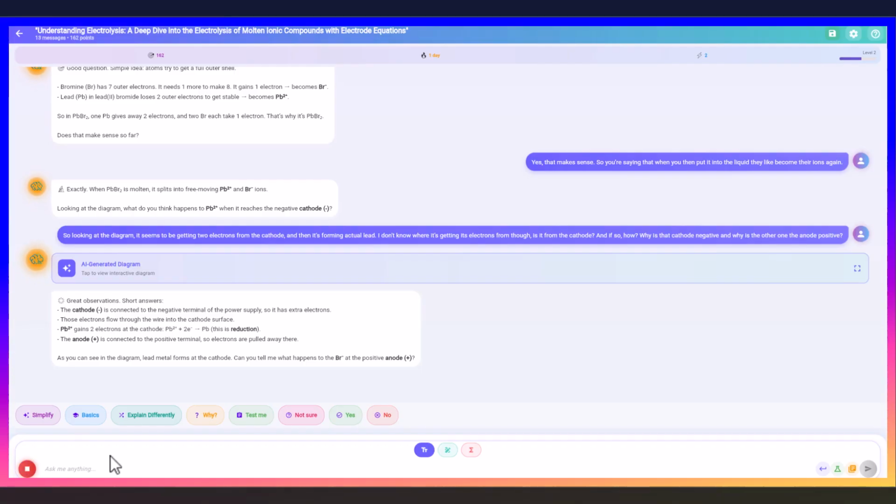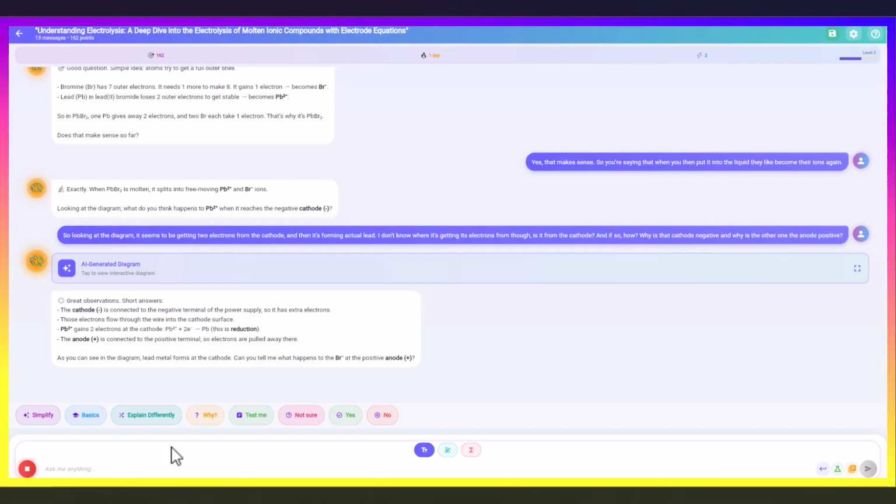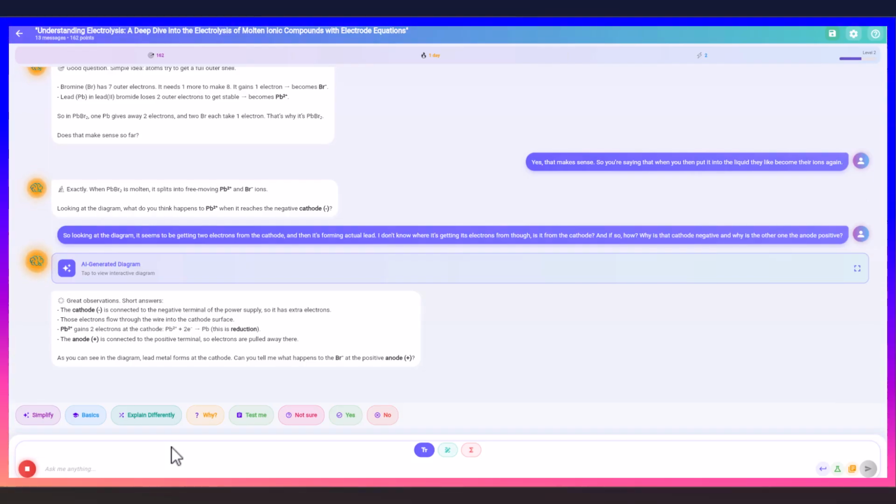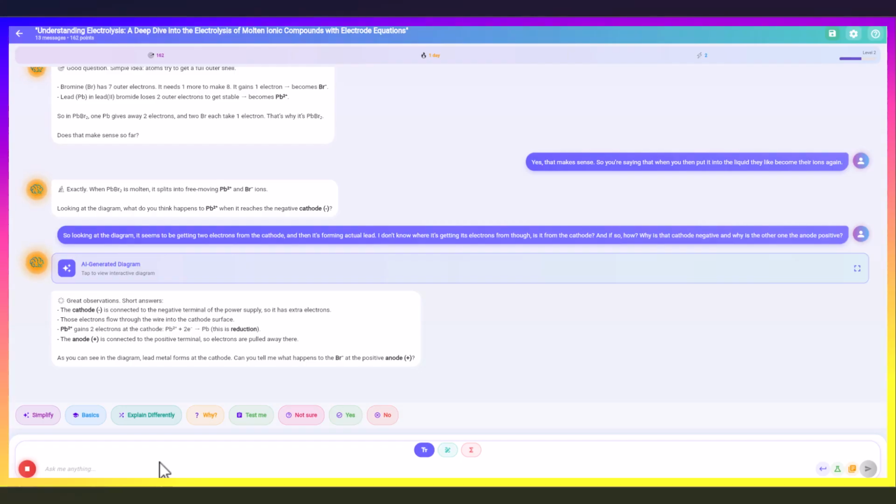So it looks to me like the bromide ion is able to give away its electron to the anode, but obviously it's then unstable. So it needs to combine with something else, and so it finds another bromide ion in a similar situation, and so they form bromine gas. You can see it bubbling on the picture.